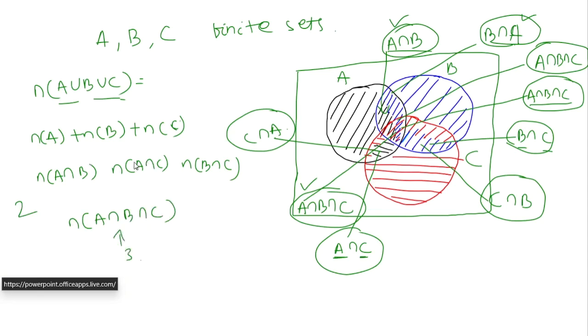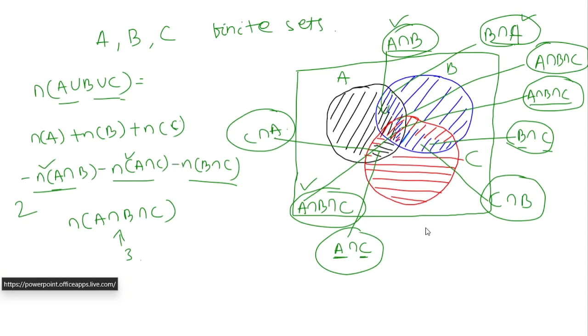So to counter this problem, as these are added 2 times, if I subtract them 1 time, then my problem is solved. So to this addition I am subtracting these just 1 time.